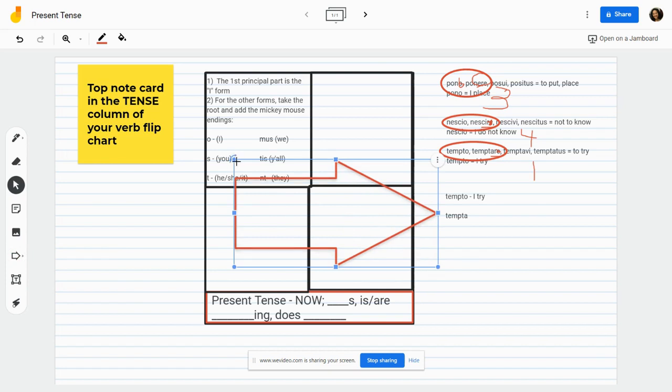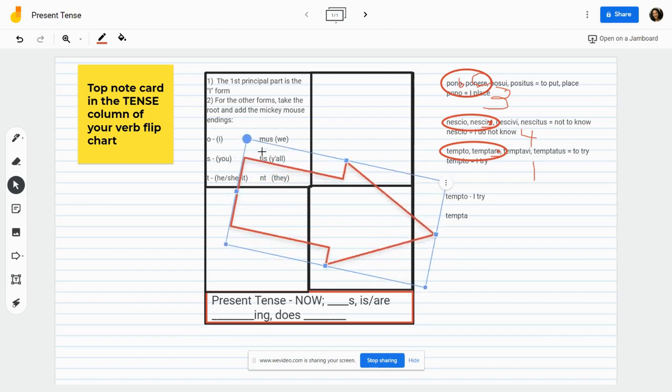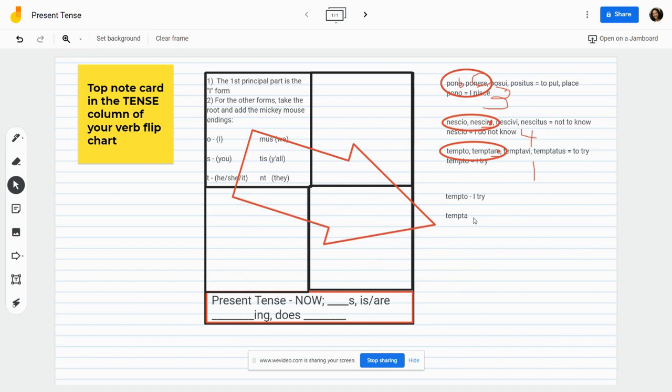I should have just drawn an arrow. Sorry, kids. The you form, you add the letter S. So temptas means you try.